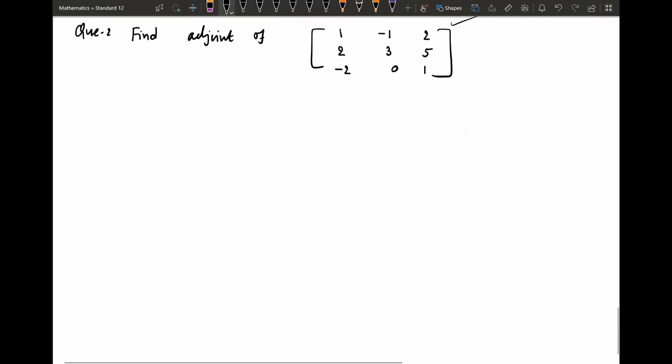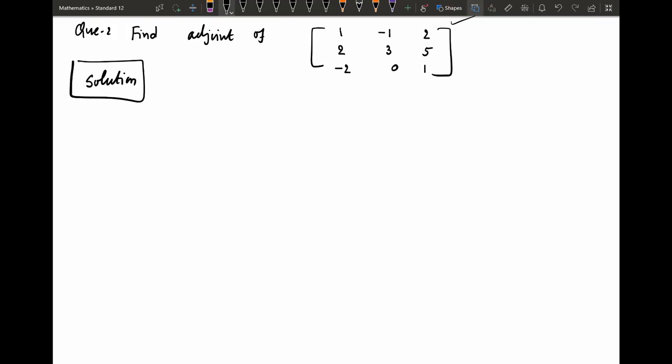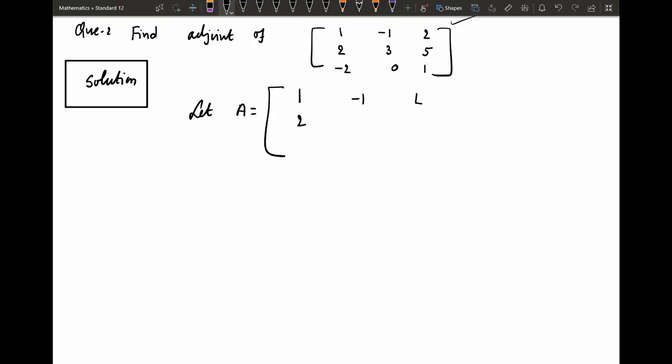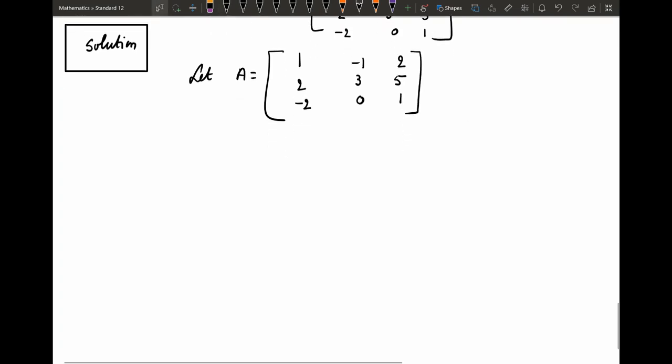First we denote this matrix by A. Solution. Let A equal to the given square matrix: 1, minus 1, 2; 2, 3, 5; minus 2, 0, 1.